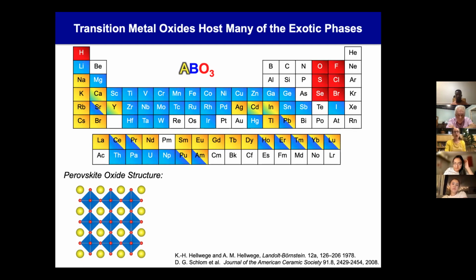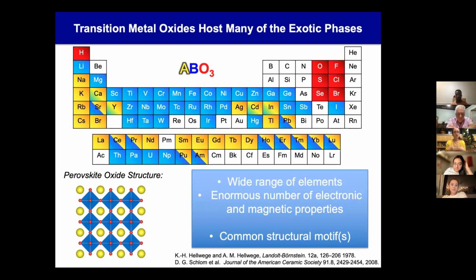That's calcium titanate. But many other elements can be found in this crystal family. And so the idea here is that this wide range of elements gives rise to this enormous number of electronic and magnetic properties, as I mentioned on the previous slide. But there's this common structural motif.